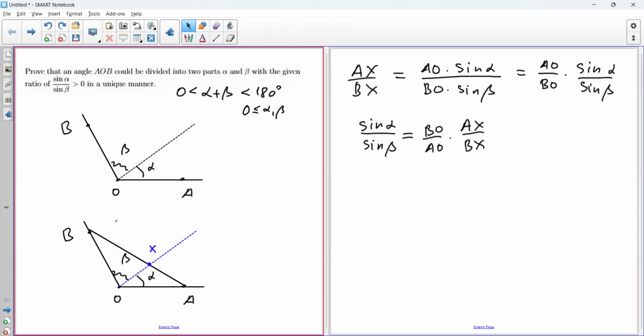And the rest of the construction is just a fixed part of the construction. So this fraction is constant, and this ratio depends on the choice of the ray X.